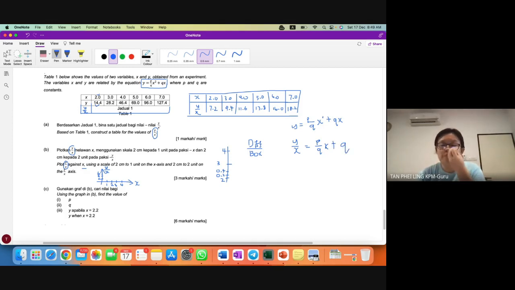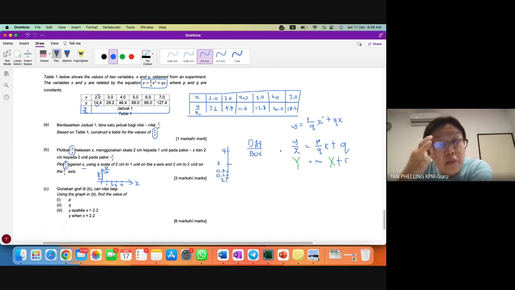So meaning to say you now compare to big Y and your big X, because you use that to construct your graph. So big Y equals MX plus C, am I right? So now you can actually calculate it out. How to calculate? From your graph, you should have points on the line, right?